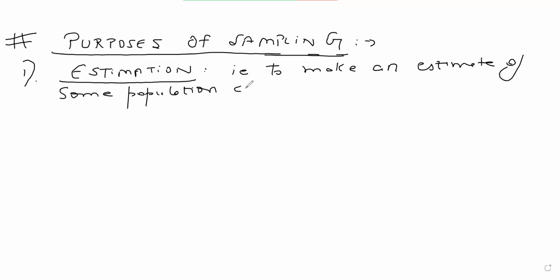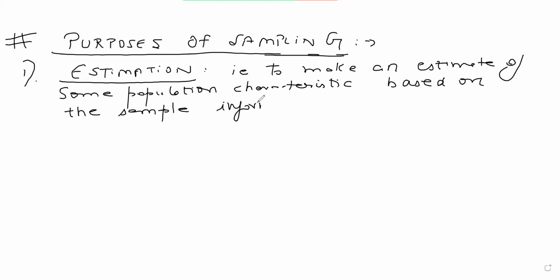We are concerned with making an estimate of the population characteristic based on the sample information. So under estimation, we are trying to estimate the population characteristic based on the sample data.